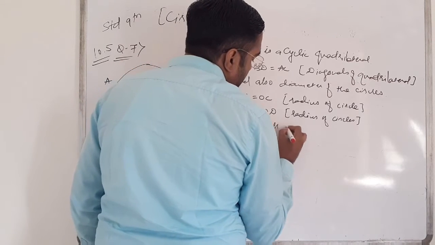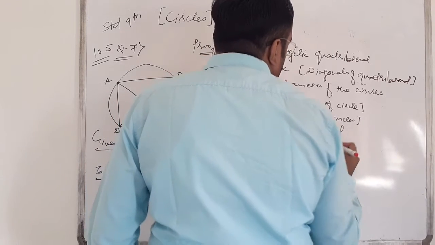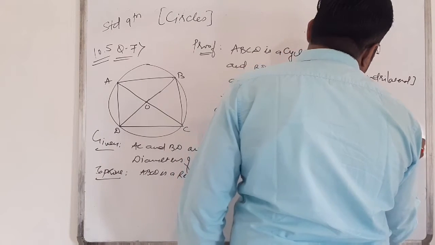So the diagonals are equal and bisect each other.